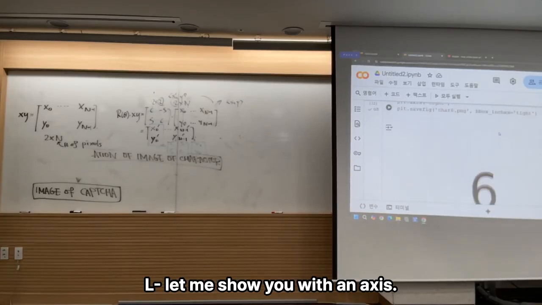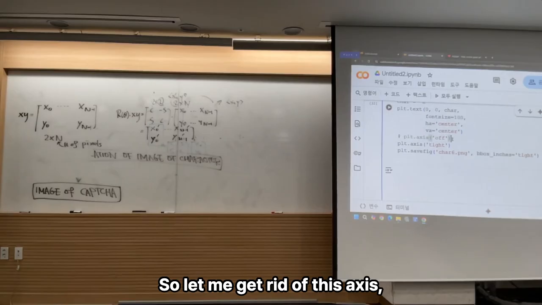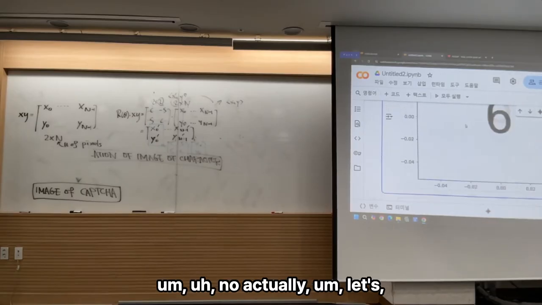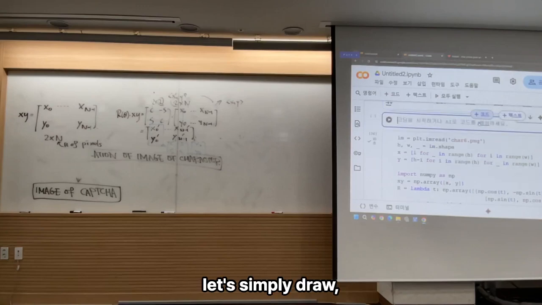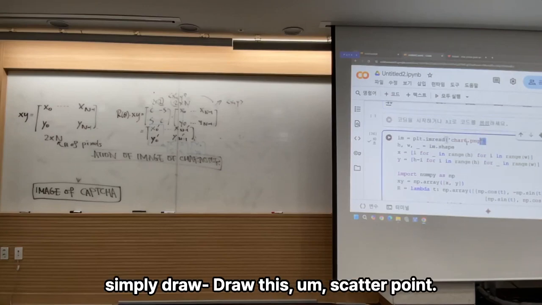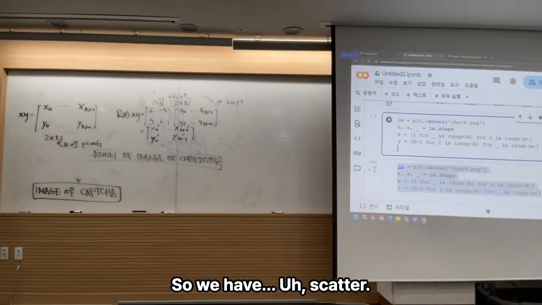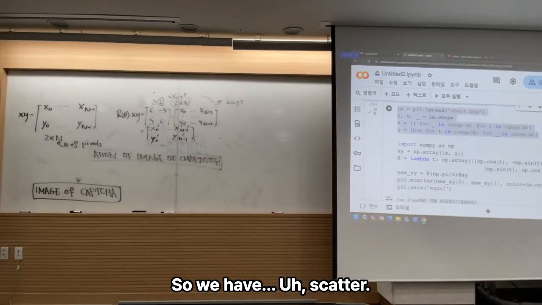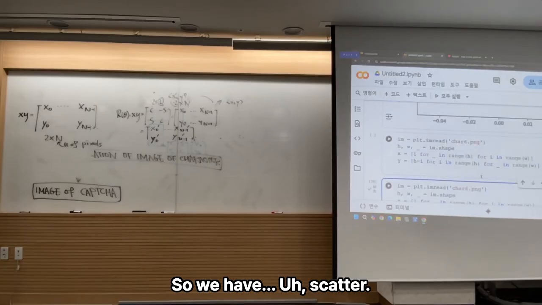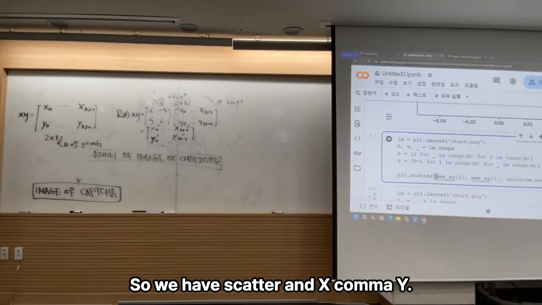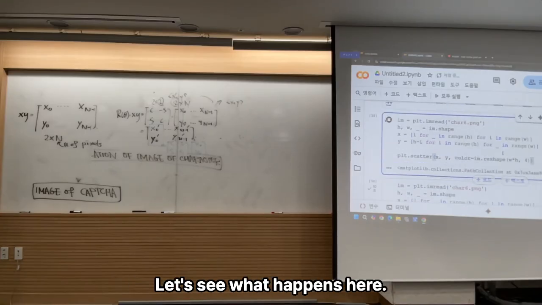So let me show you with an axis. Let me get rid of this axis. No, actually, let's simply draw this scatter point. So we have scatter and x, y. Let's see what happens here.